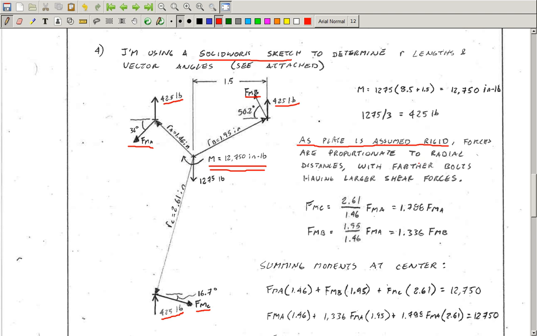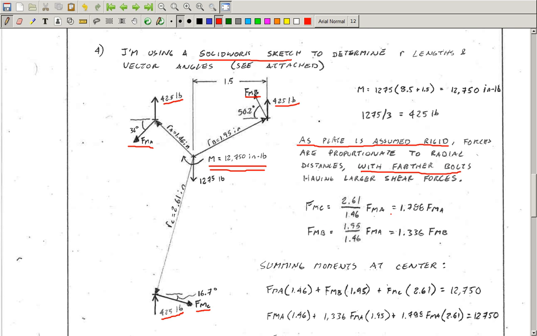That also means that bolts which are farther away are going to take a larger shear force for that to be true. And we can just use proportionality of the radial distances to figure out how much larger or smaller one force is in relation to another.